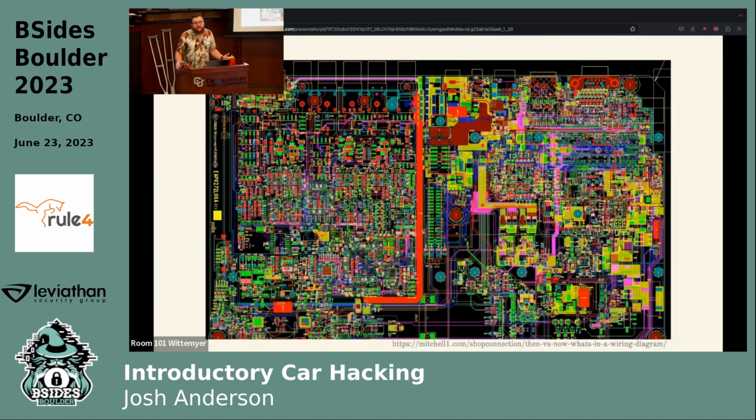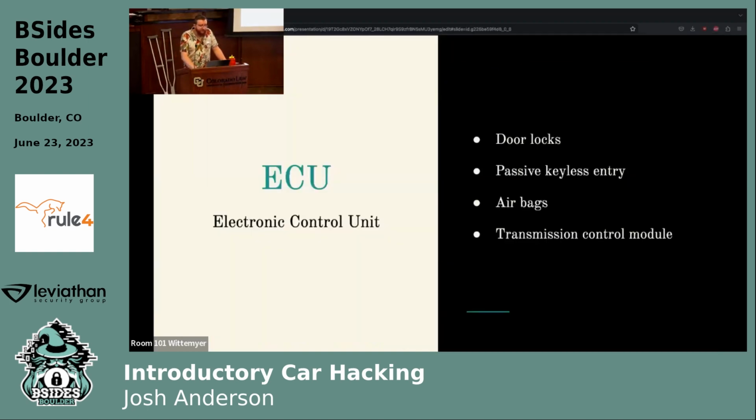And this kind of gives you a sense for why cars end up having vulnerabilities: there's usually a lot of disparate systems interconnected in a way that not everybody who's working on them has the whole big picture of what is going on. But yeah, we're going to just be focusing on CAN.